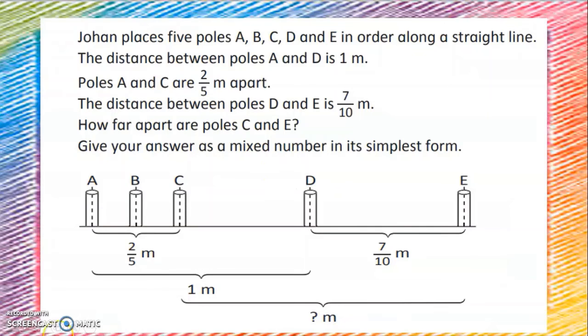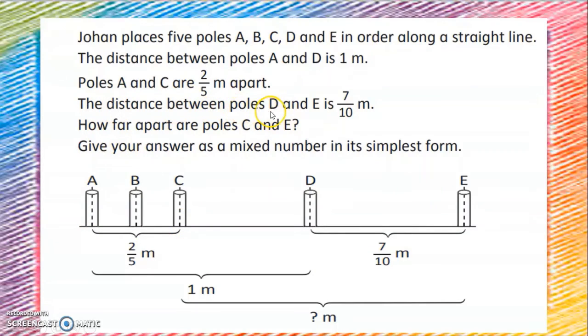Another example. Johan places 5 poles A, B, C, D, and E in order along a straight line. The distance between poles A and D is 1 meter. So here A to D is 1 meter. Poles A and C are 2/5 meter apart. So this A until C is 2/5 apart.